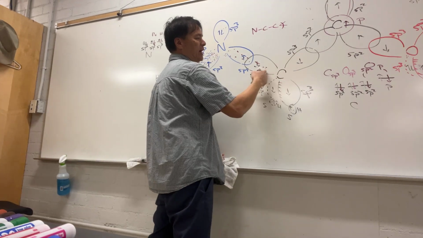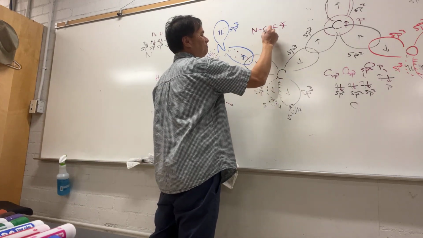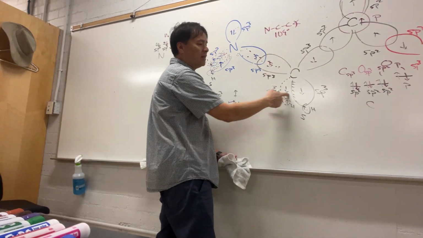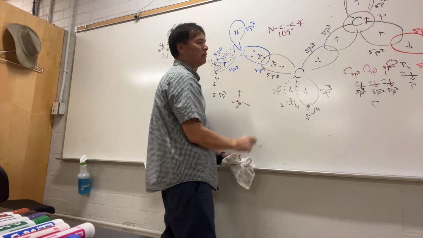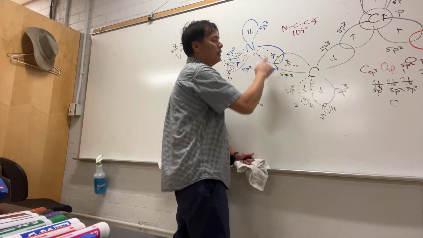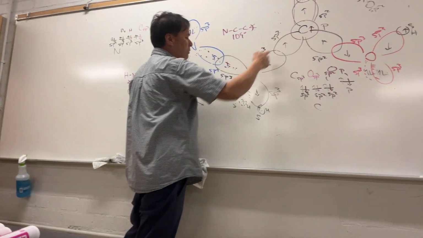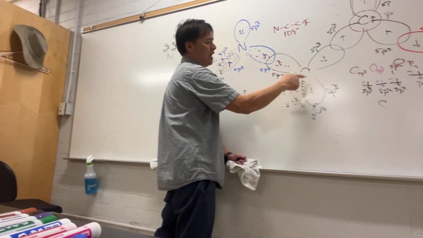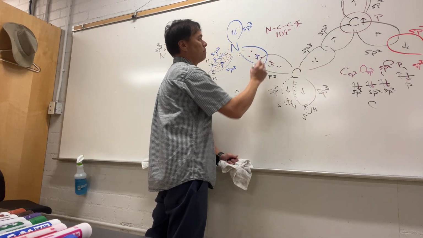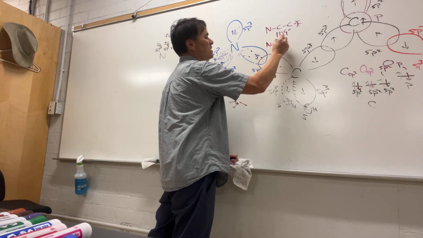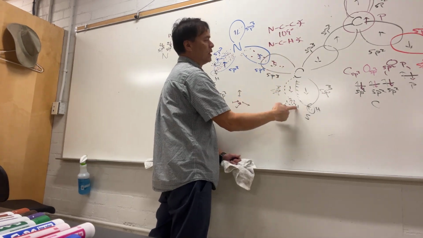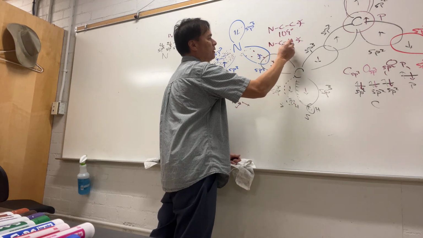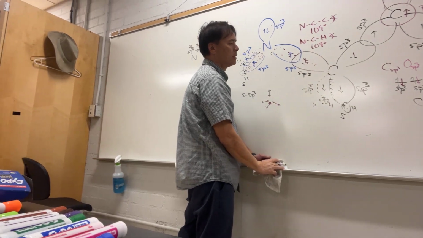Well, it's sp3. sp3 is 109. Are there any lone pairs to distort it? No, so it's about 109. That's the NCC angle. And then we have the NCH angle. Well, it's sp3 also, so it's going to be 109. No lone pairs or double bonds.